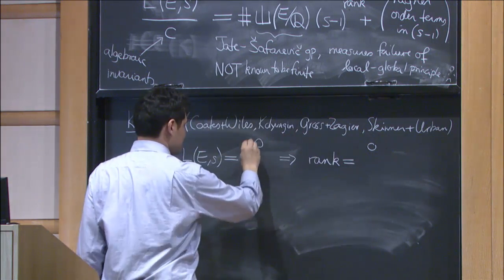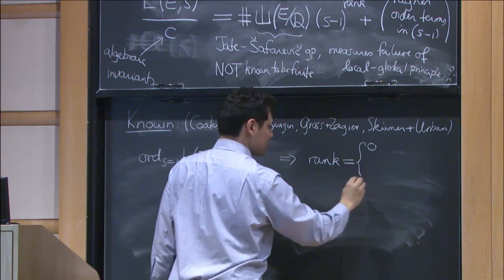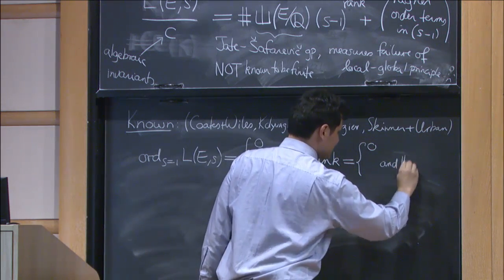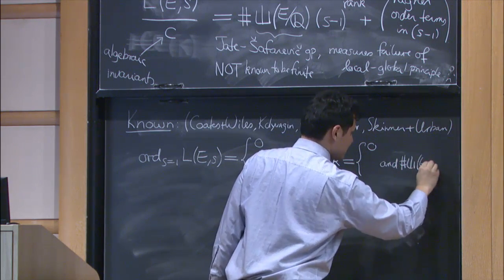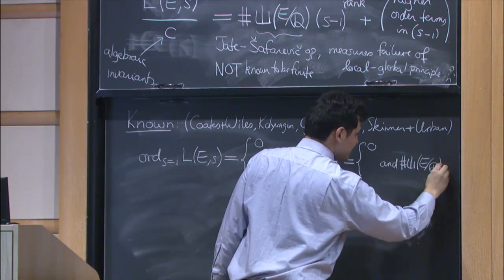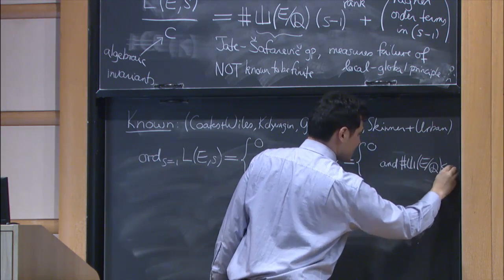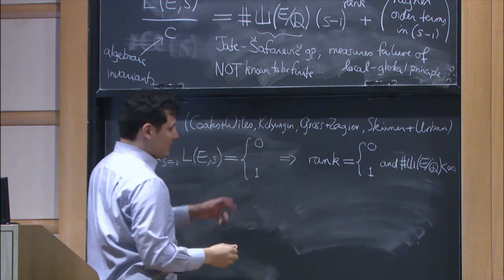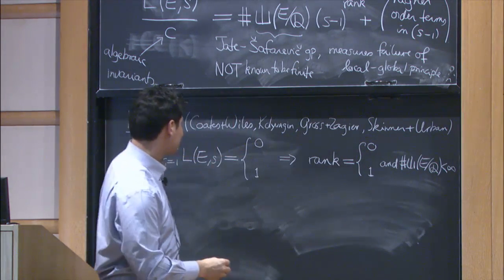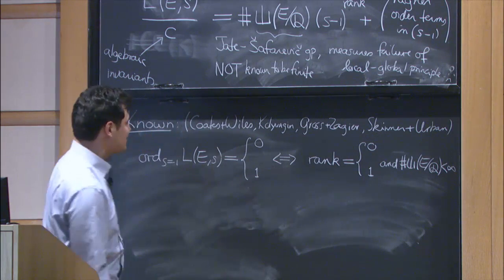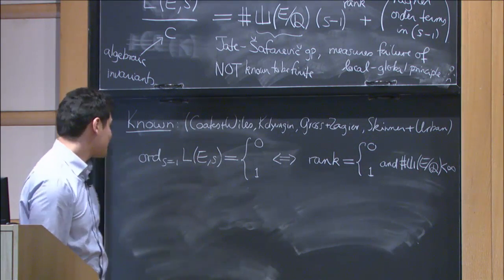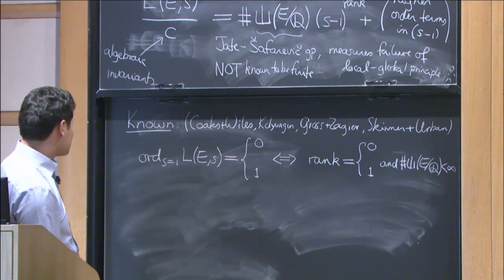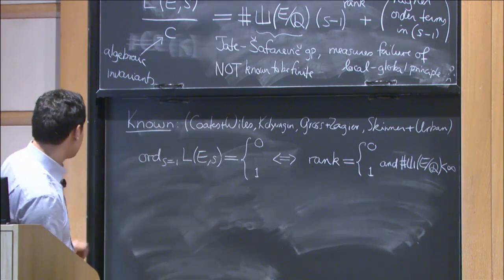Let me write down the known results. We know that the ranks agree when they're low, and if you add the condition that SHA is finite on the algebraic side, not much is known. So this is the rank part of BSD.